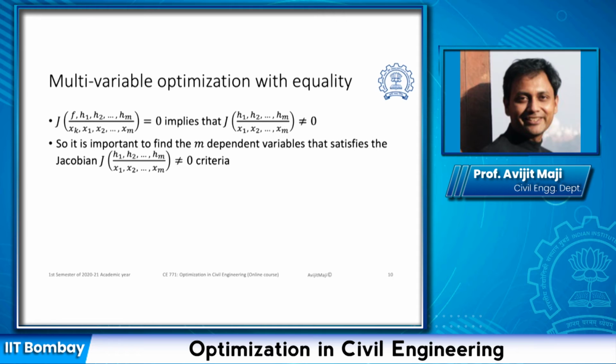If we say that this Jacobian is not equal to 0, it implies that the Jacobian for the dependent variables of the constraints should not be 0. And this is important to find the m dependent variables that satisfy this condition.